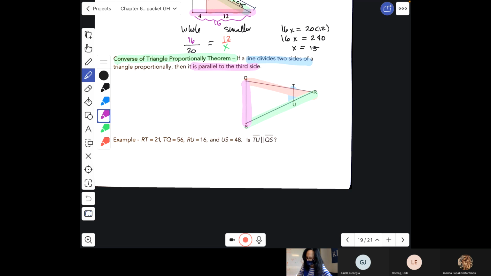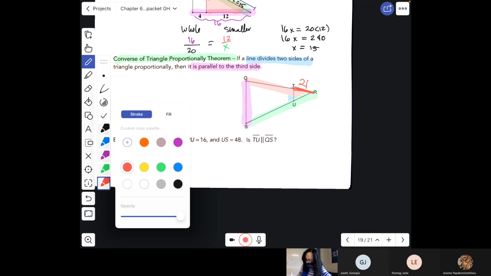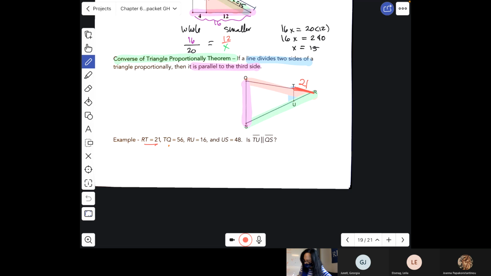So let's work an example. It is saying that RT is 21. It's saying that TQ is 56.